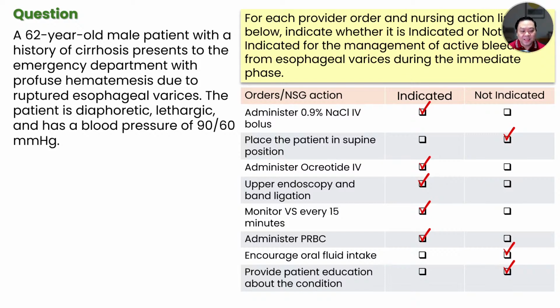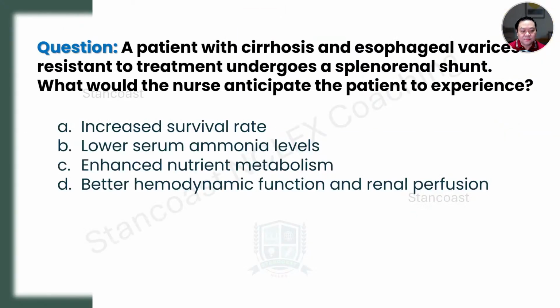All right, let's do another question. A patient with cirrhosis and esophageal varices resistant to treatment undergoes splenorenal shunt. What should the nurse anticipate the patient to experience? Is it A, increased survival rate, or B, lower serum ammonia levels, C, enhanced nutrient metabolism, or D, better hemodynamic function and renal perfusion?